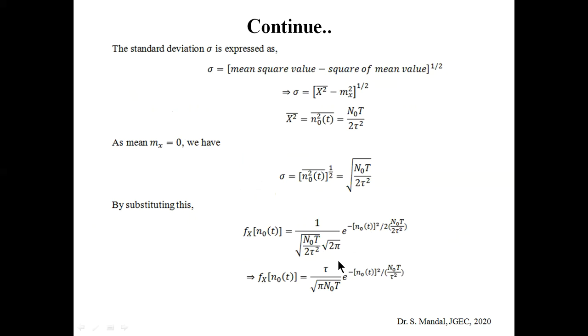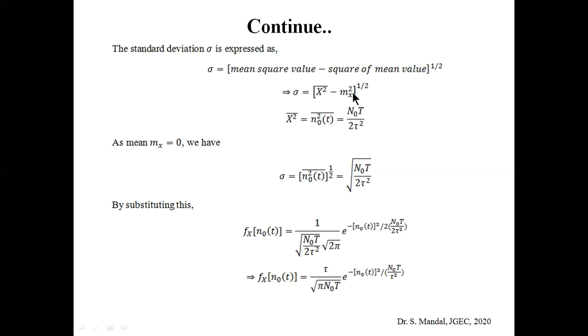Now we want to find out what the standard deviation will be in that case. The definition of standard deviation is the mean squared value minus the square of the mean, to the power half, or root over the mean square value minus the square of the mean value. By substituting, the mean square value is n0 square bar minus m_x square.